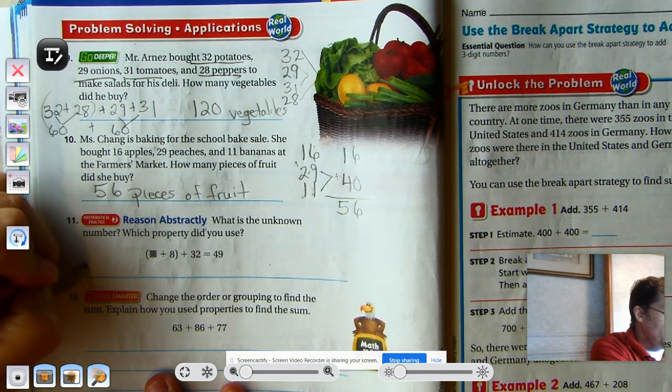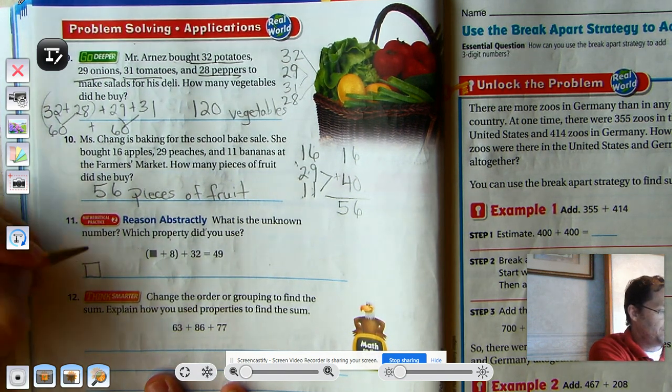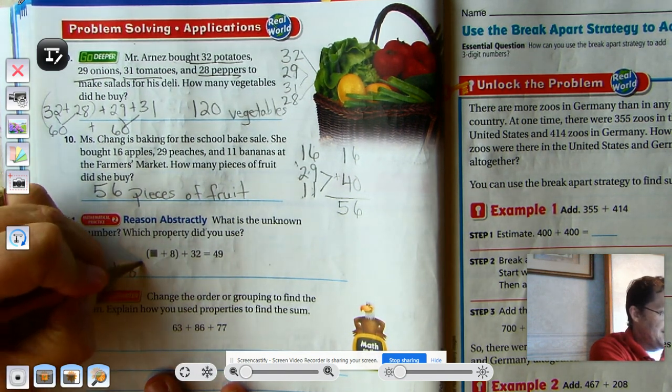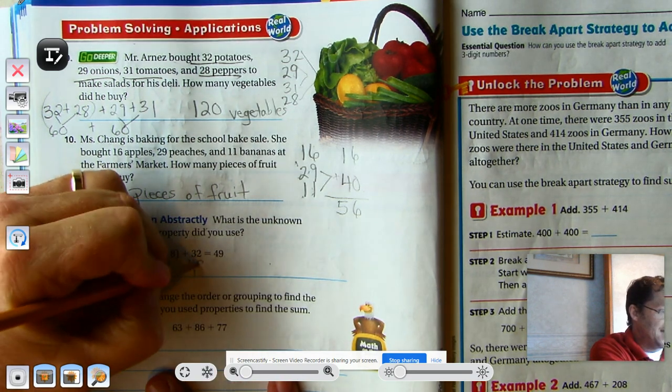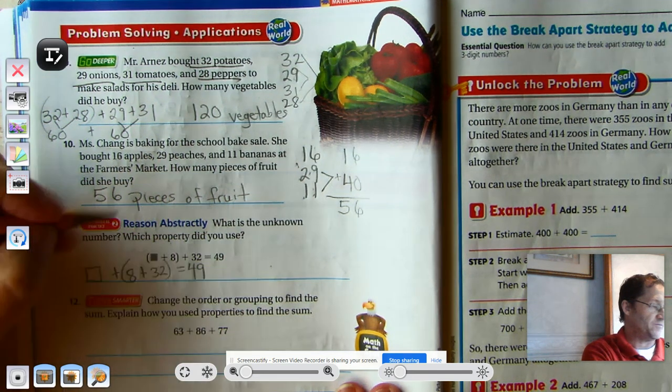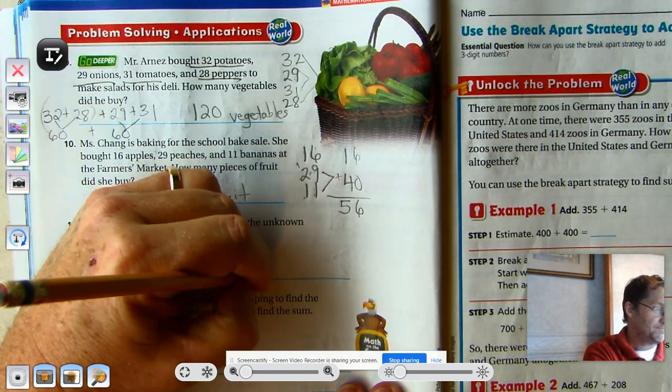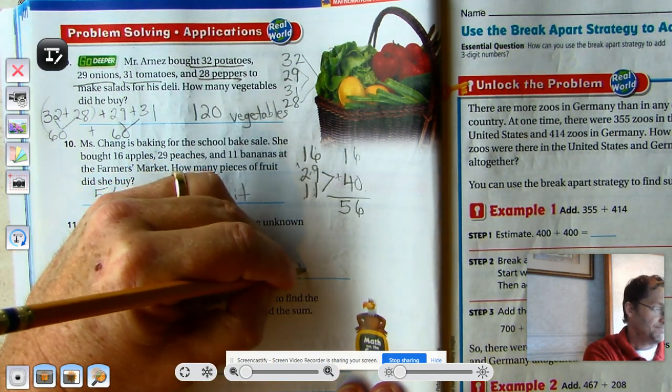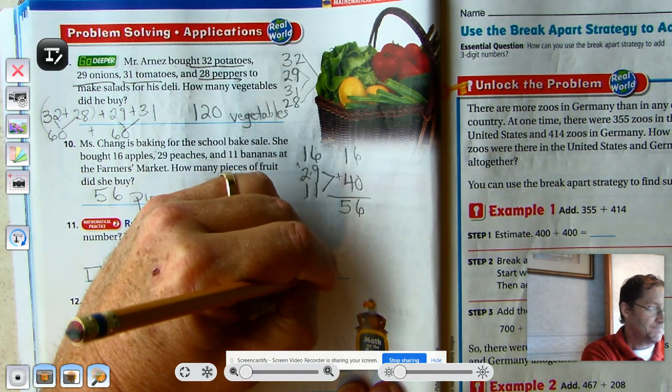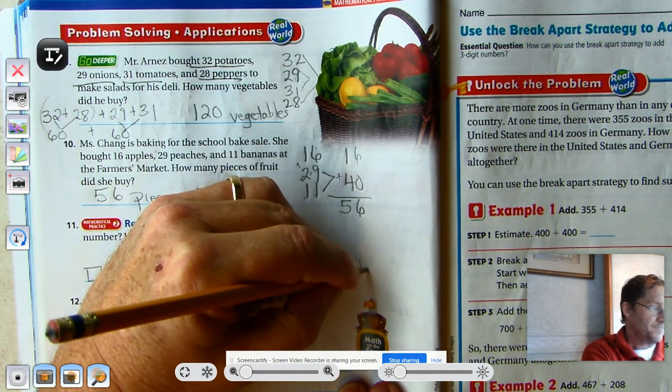Well, if we rewrote it as some number plus 8 plus 32 equals 49, we'd be using the associative property of addition.